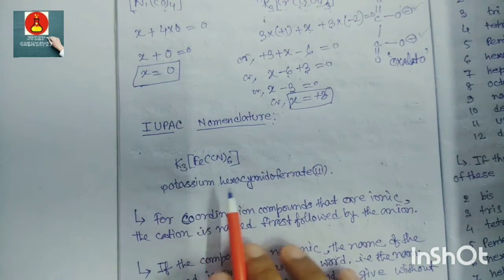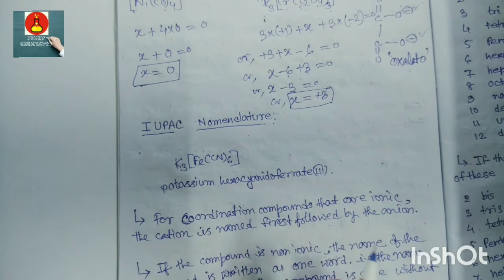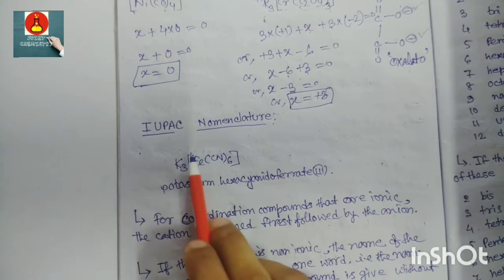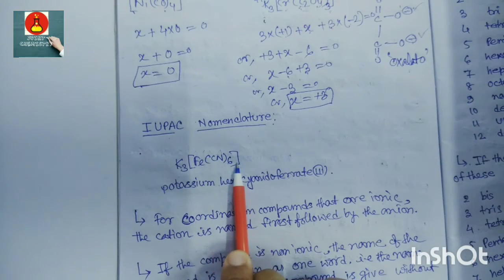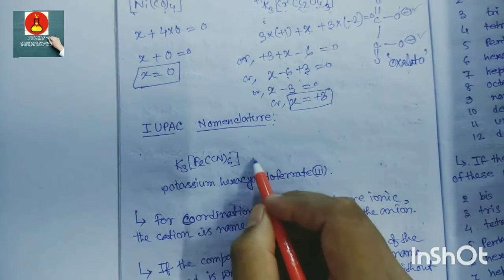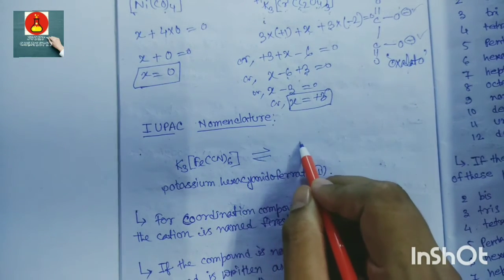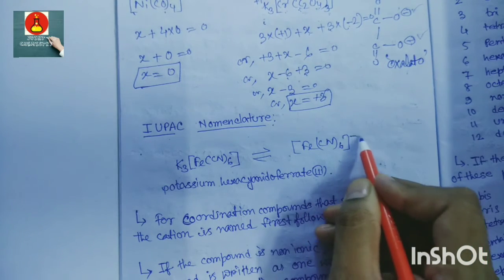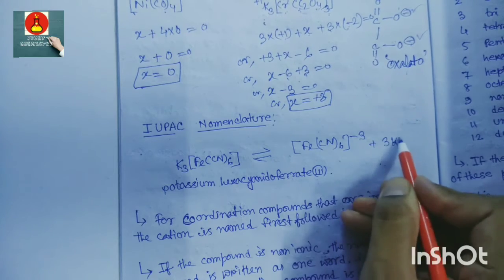Before we write this name, we should know some rules. The first one is, for coordination compounds that are ionic, the cation is named first, followed by the anion. Now how do you know which one is ionic and which one is non-ionic? Some complexes produce ions in polar solvent. For example, this complex in polar solvent produces [Fe(CN)6] 3 minus and 3 potassium plus.